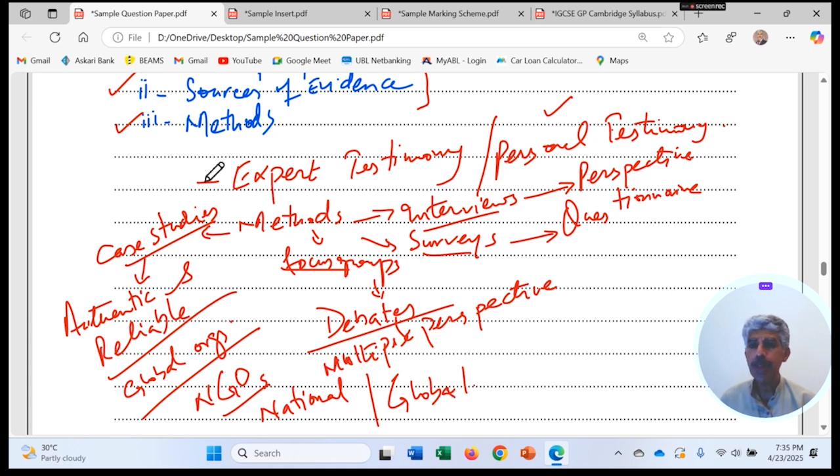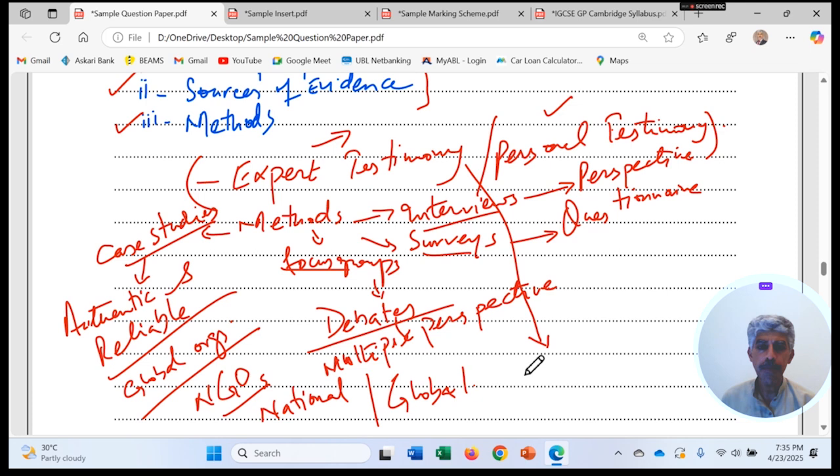So if you explain the evidence, expert testimony, whenever we talk about the expert testimony, the experts are different for every field. For example, if we talk about jobs, as we are discussing this particular question, who can be the experts?